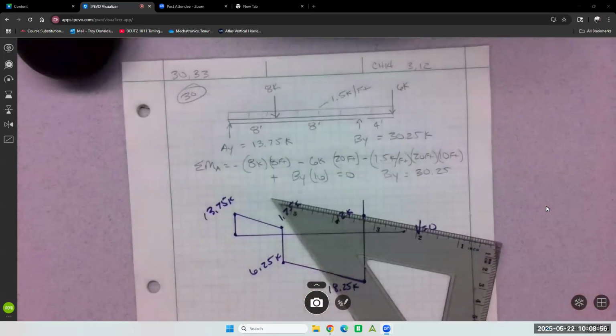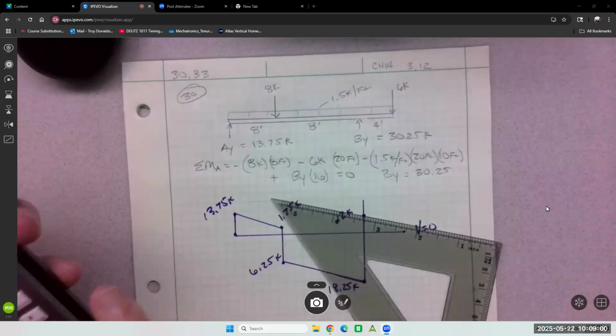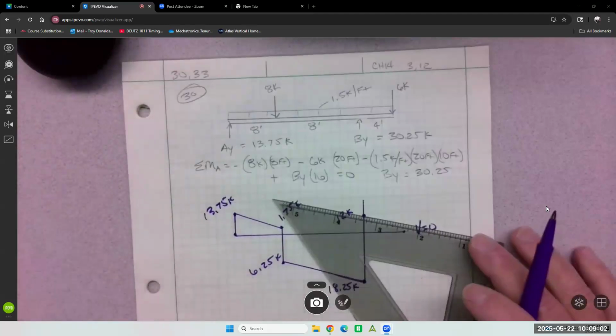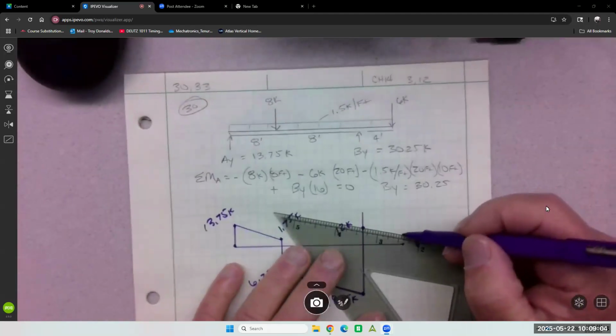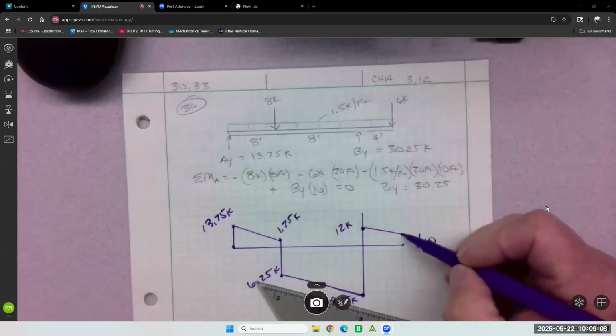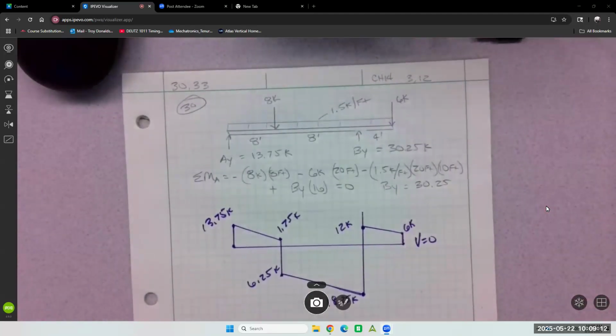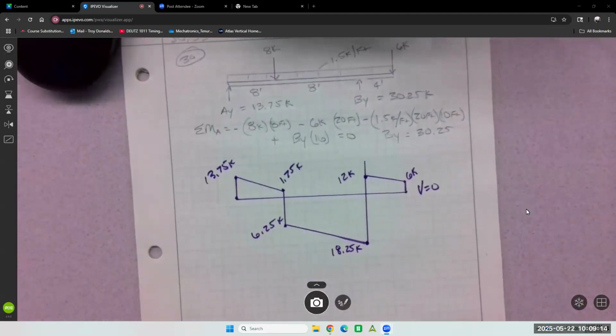Then it goes over 4 at 1.5 drop. So it drops 6, kind of halfway. And then the last thing is this last 6. So again, if you complete it back to 0, you know you've got it.